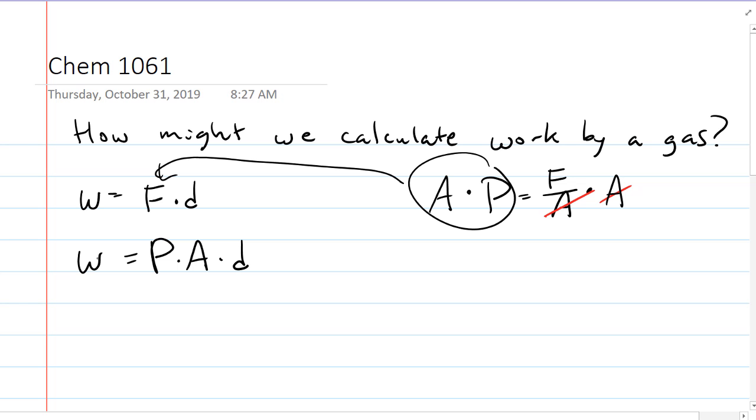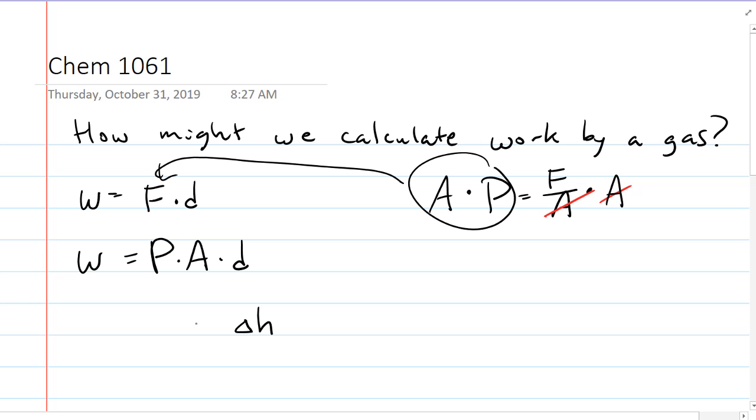Okay? Now, if I go back to the syringe, the system is doing work when I release this plunger. It's going up, and when it goes up, the plunger is changing in height. It started from a lower height and winds up at a greater height. So the distance that it moves is the change in height.